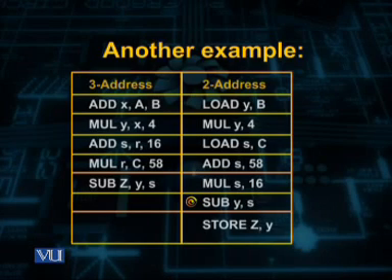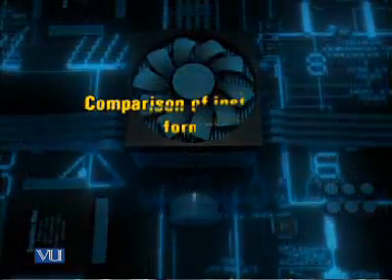Similarly, you can see that the three address arrangement is much more flexible as compared to even the two address instruction word format. However, both these methods have their own merits and demerits.